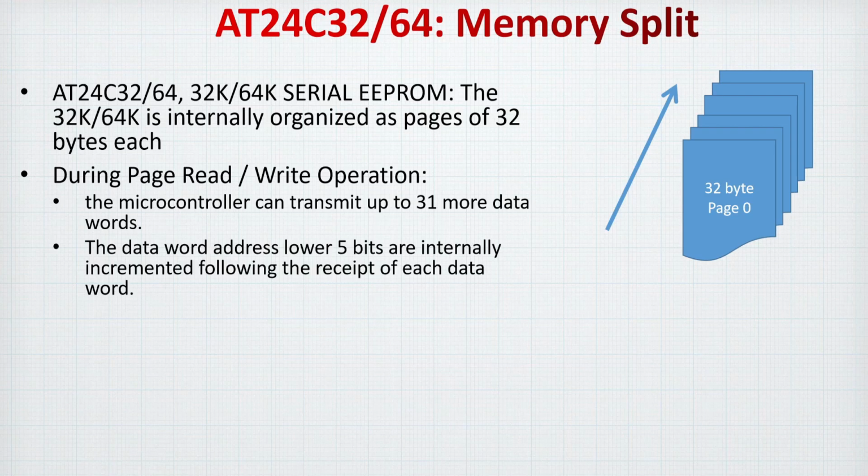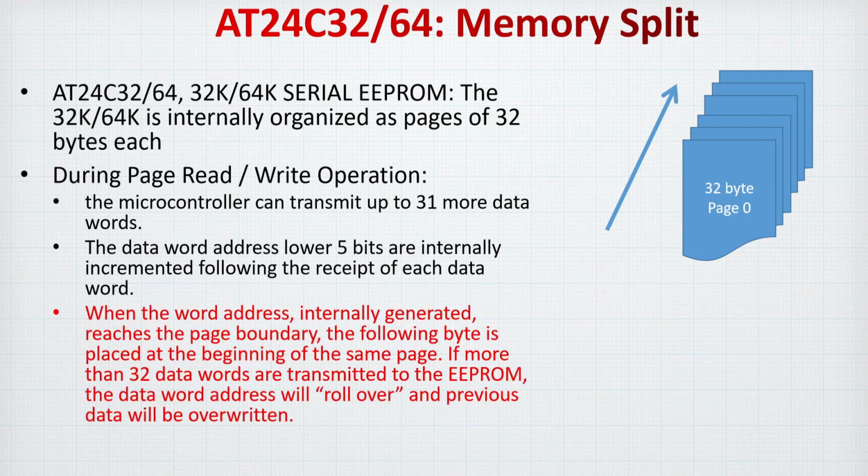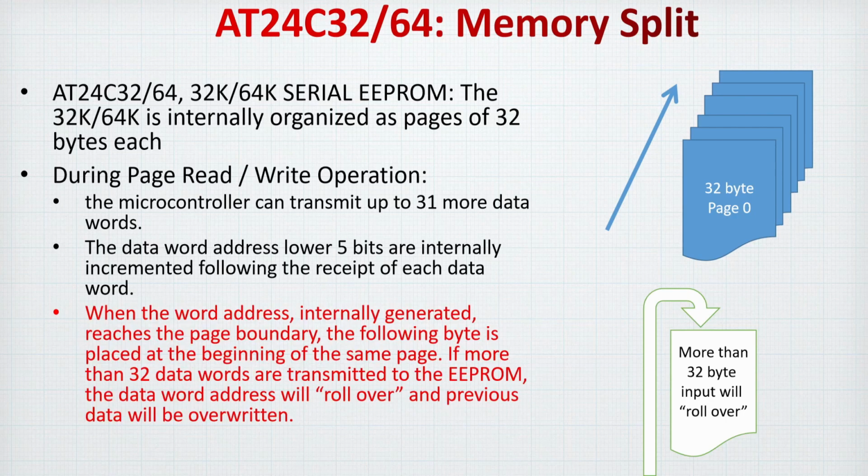The data word address is tracked using only the first lower 5 bits, so you do have 4092 addresses. If you exceed that, a problem will happen, and here is where the red area comes in: if you write more than 32 bytes within the page, the data will roll over and come back to 0 of the same page.